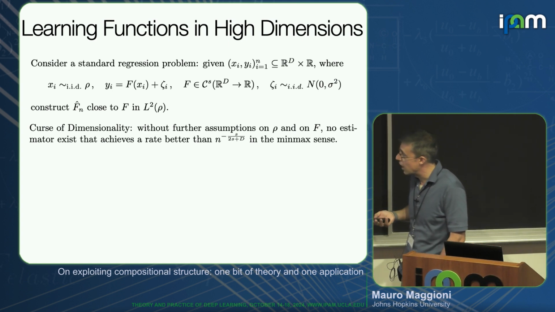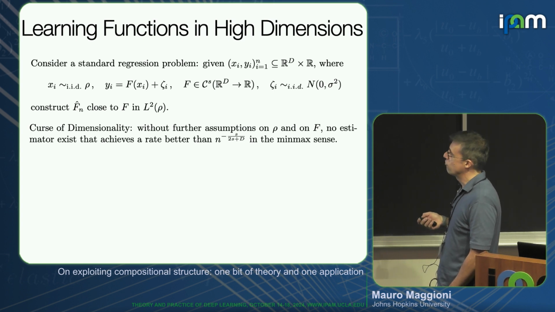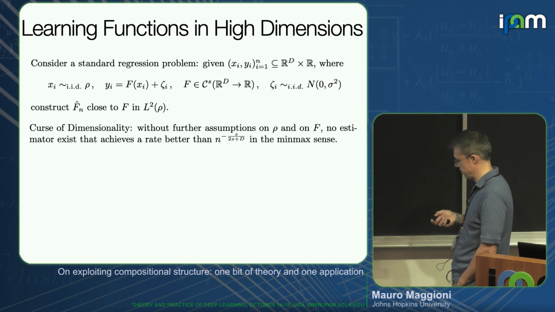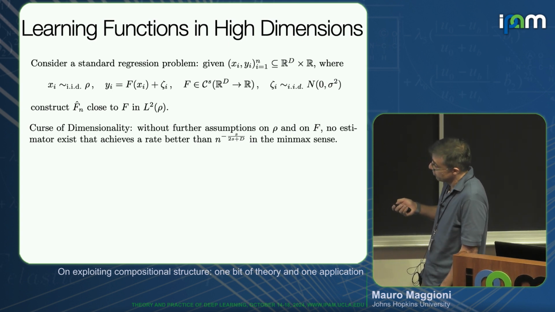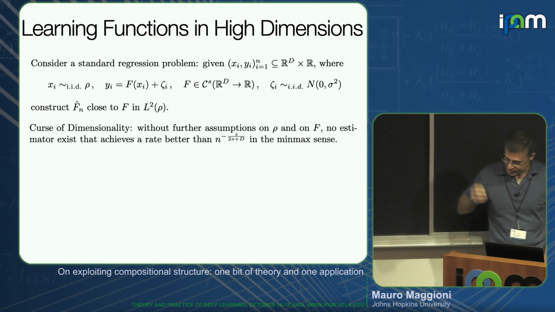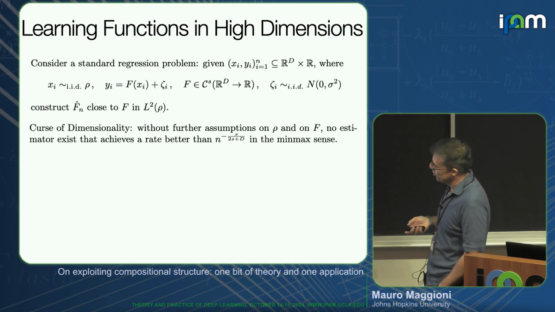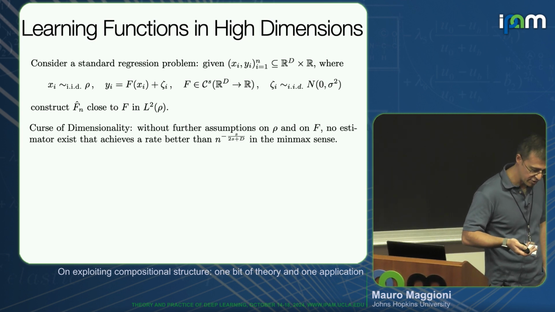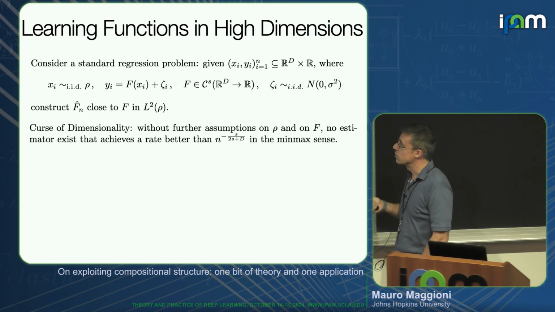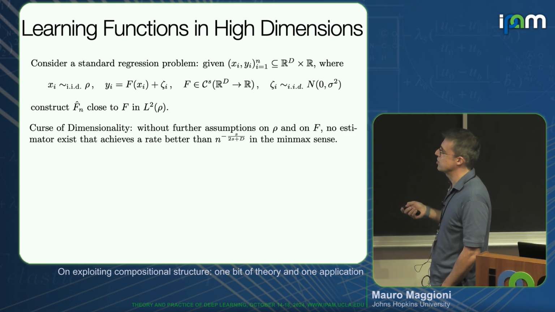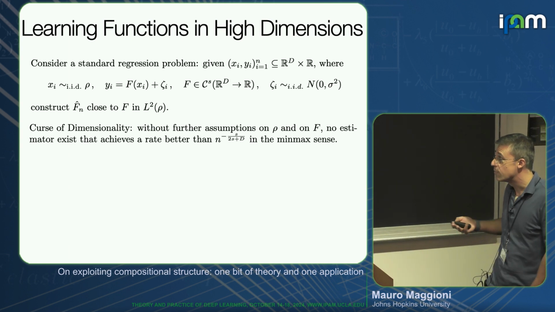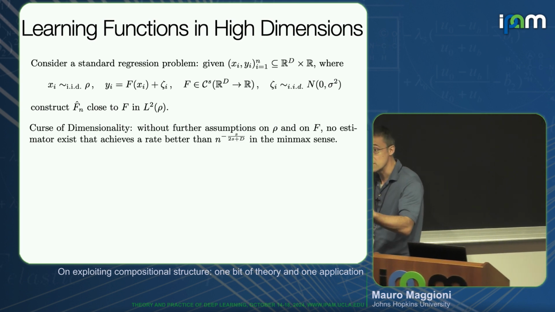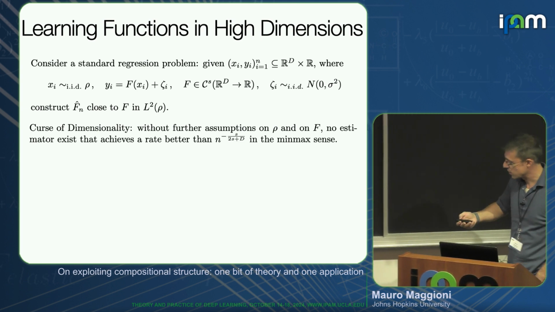The curse of dimensionality implies in this situation that if we have no further assumptions on rho and on f, knowing just that f is in C^s, there are no algorithms, there are no estimators even, just constructed mathematically without any algorithm, that can achieve a rate which is better than n to the minus s over 2s plus D. And that is bad news because if s is a fixed integer independent of the dimension, say 1, a Lipschitz function, this exponent scales like n to the minus 1 over capital D. So if you want to achieve accuracy epsilon, you need about 1 over epsilon to the D points. So a number of points which is exponential in the dimension with respect to the accuracy that you want to achieve.